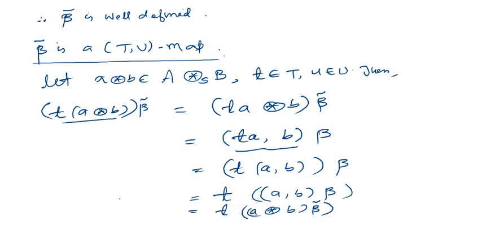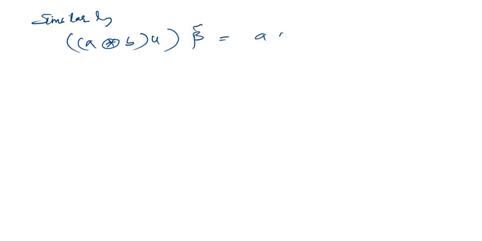So similarly A tensor B U of beta tilde is equal to A tensor B of beta tilde U.